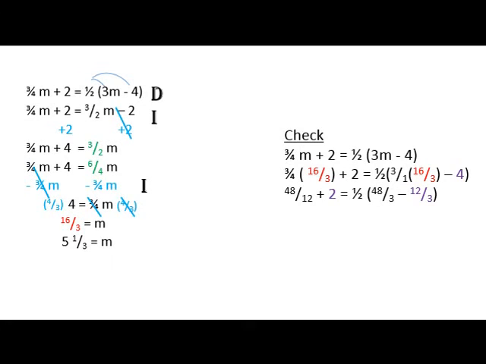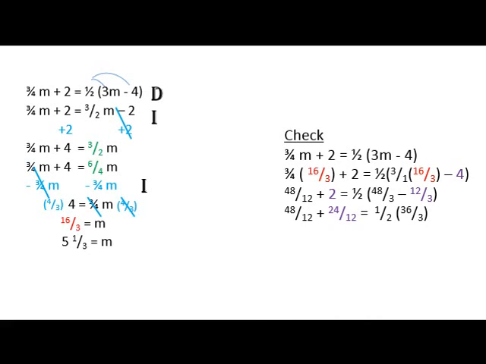My plus sign drops down, my 2 drops down, my equal sign drops down, and my 1/2 in the parentheses drops down. 3 times 16 is 48, and 1 times 3 is 3. Minus, notice in the purple I've changed the negative 4 into 12/3. I did that so I'll have a common denominator when I subtract them later.